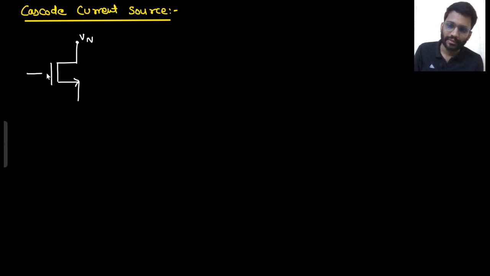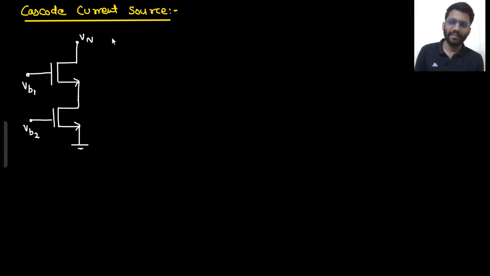This will be some DC bias supply, VB1 I am calling it. It will have some r0 here. Let's forget about r0. Then we are making this Rs by using a MOS only. So this is the current source.